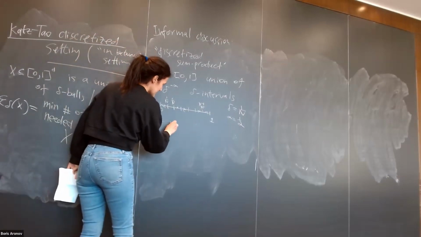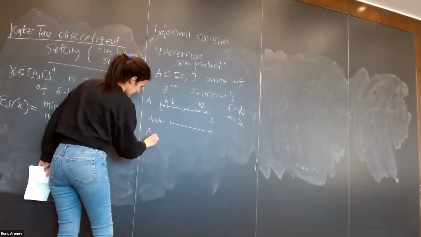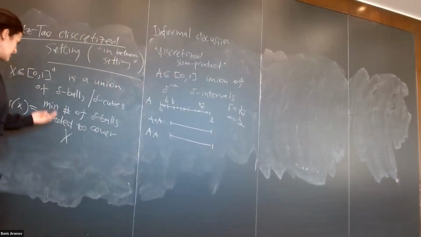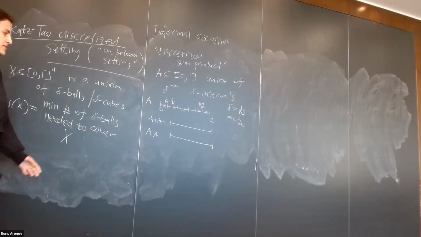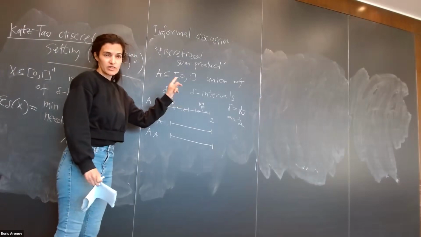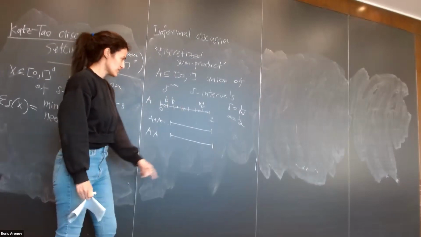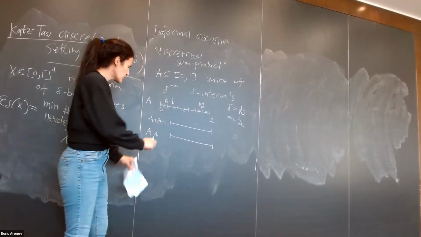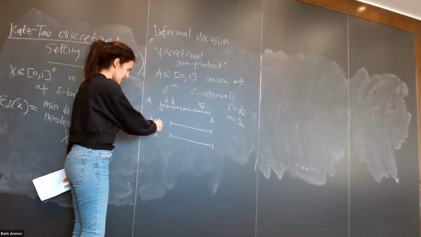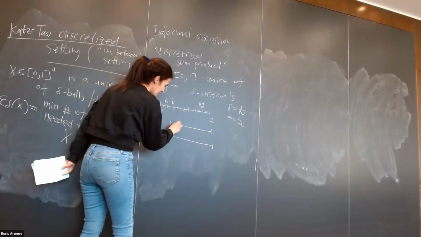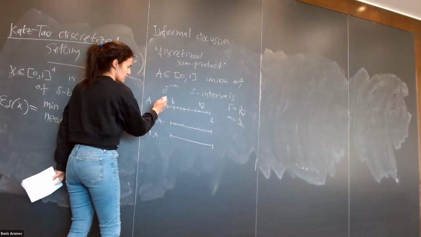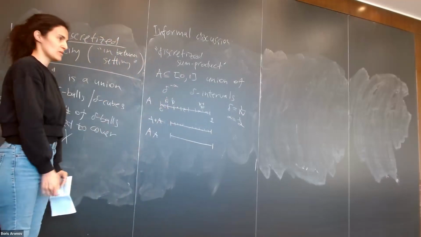We can look at A plus A and A times A. We know by the discrete version of the sum-product theorem that if we consider only the delta to the minus alpha middle points, one of these sets will be large. So either A plus A or A times A, let's say A plus A, has many points.